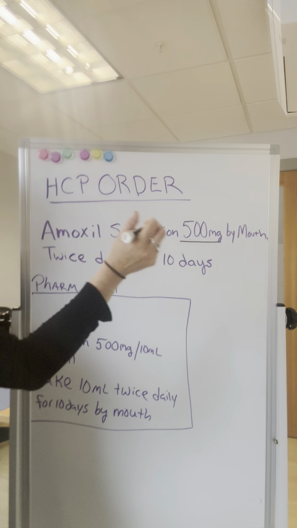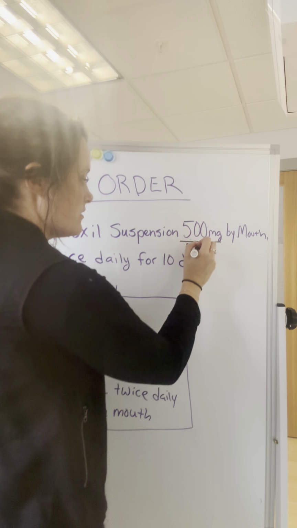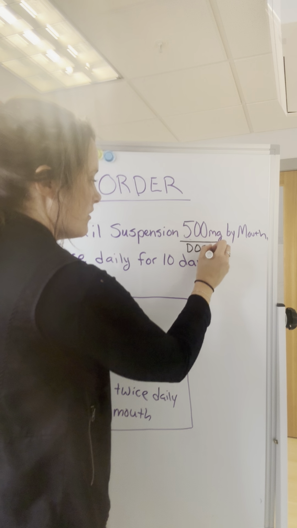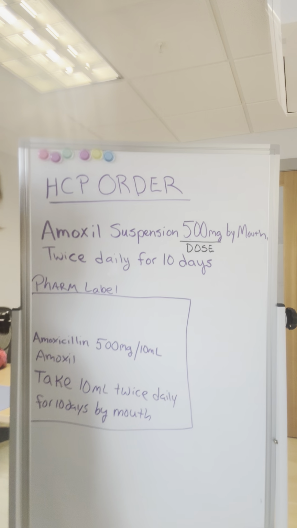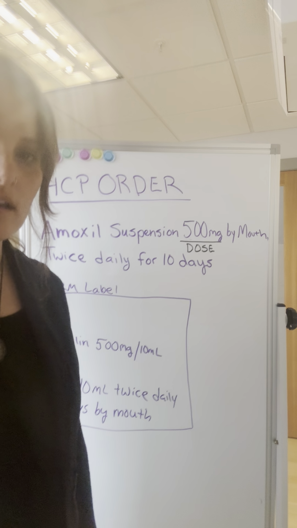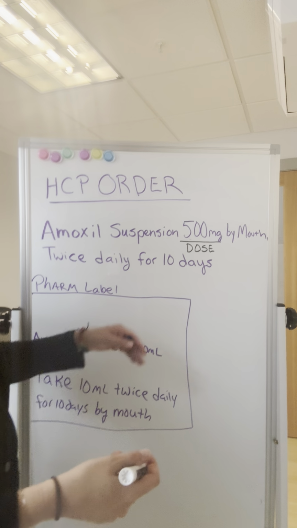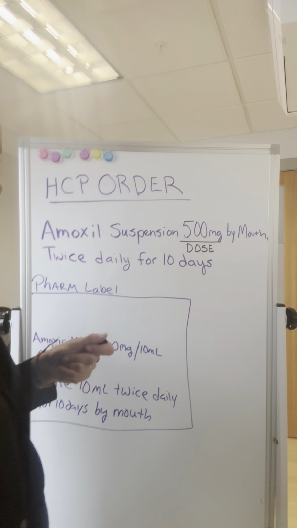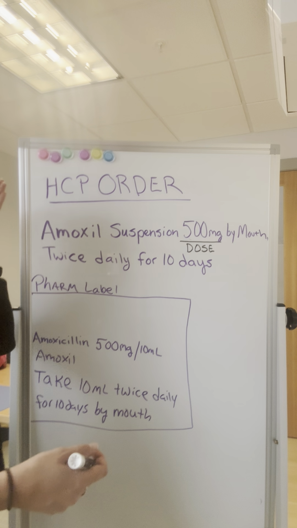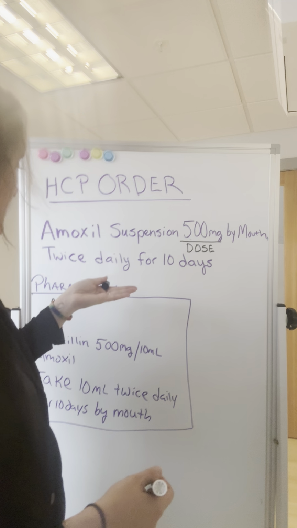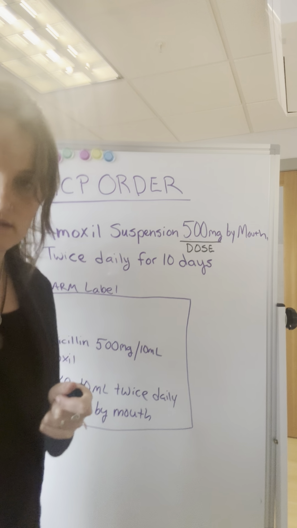This is on my HCP order. The dose is the total amount of milligrams, micrograms, or grams that the doctor wants the person to get per time, per med pass, which means we're giving this person 500 milligrams twice daily, so 500 milligrams in the morning, 500 milligrams at night, twice daily for 10 days, okay?